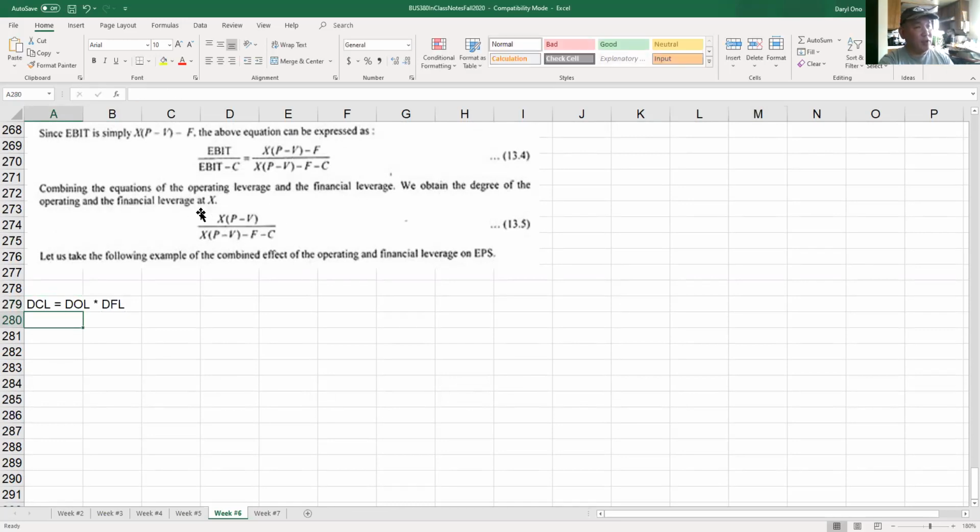So you may not have to go through all of this to calculate the degree of combined leverage. If you have the degree of operating leverage and the degree of financial leverage, you just multiply them by each other. And notice that you multiply them, you're not adding them. Okay, so what does that mean there?